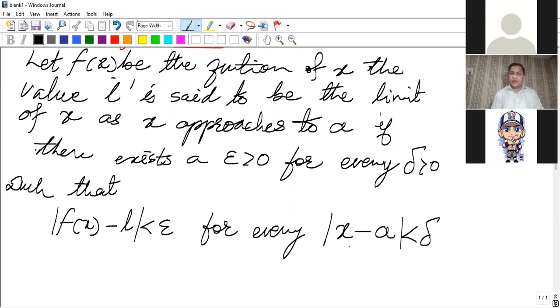When the difference between x and a is very small, then the difference between the value of f of x and the point L is going to be very small.